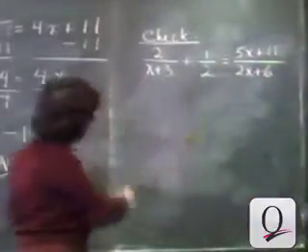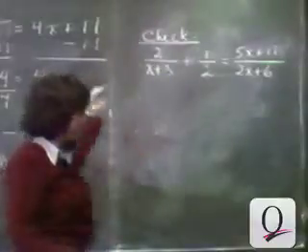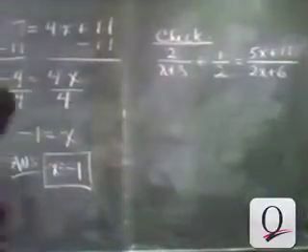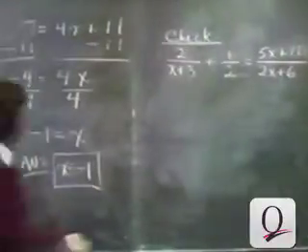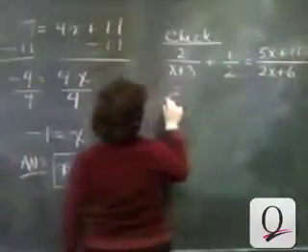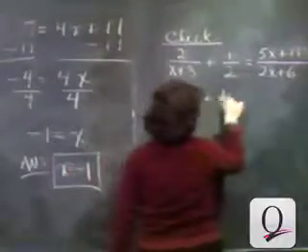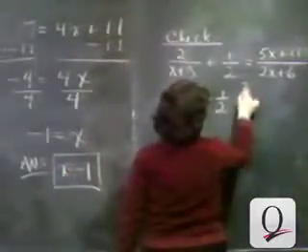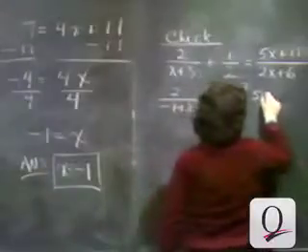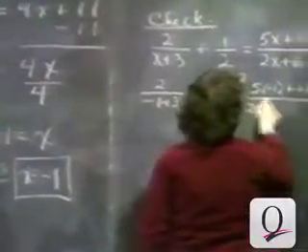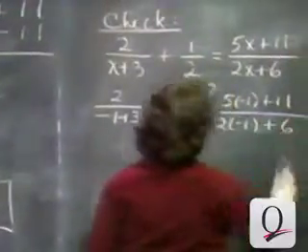You could make a mistake at any point after this, and you want to go back to the original equation to check your answer. X equals minus 1 is our answer that we would like to check. We get 2 over minus 1 plus 3 plus 1/2 should be equal to 5 times minus 1 plus 11 over 2 times minus 1 plus 6.